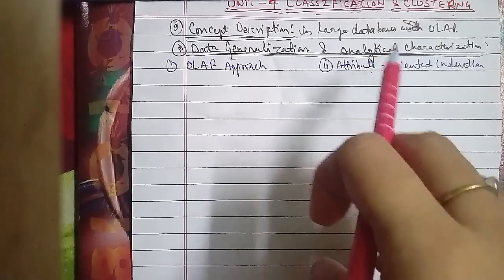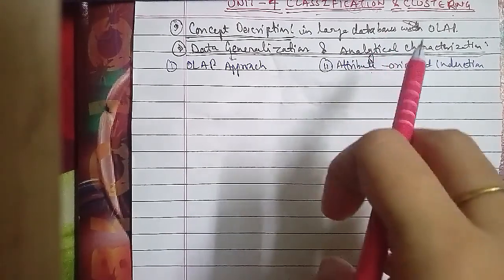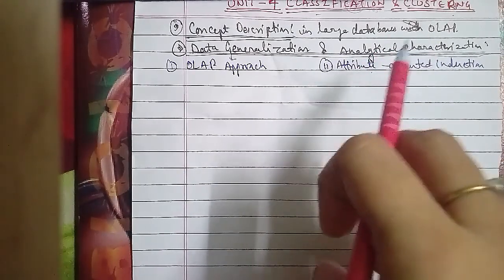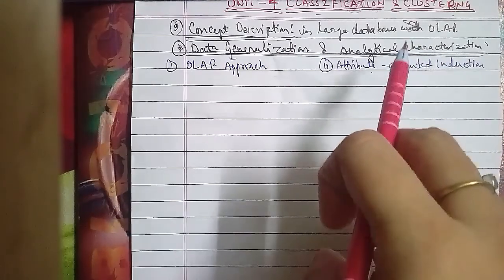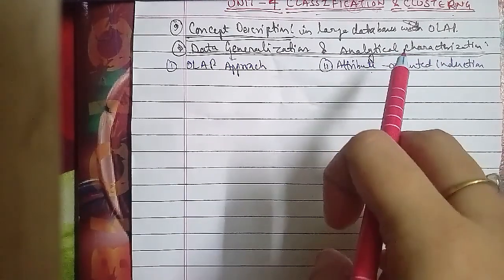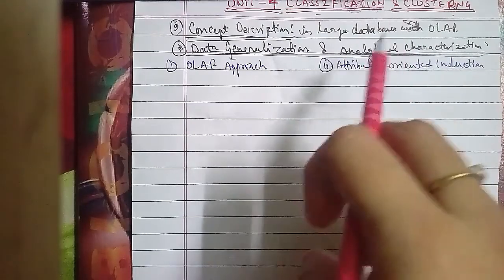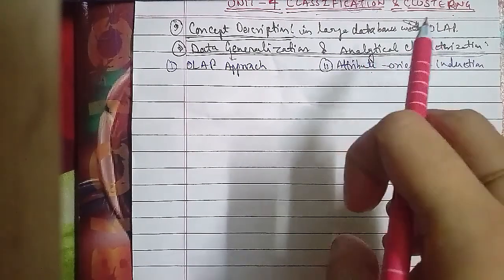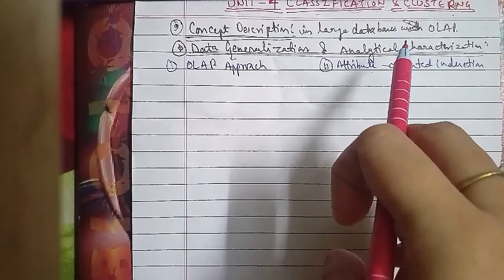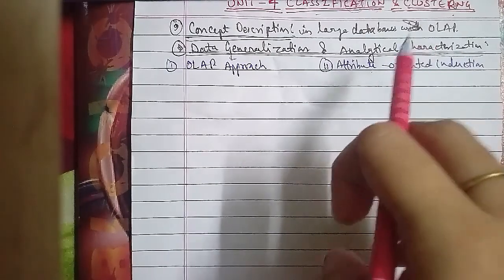The generalization is performed by attribute removal, by merging identical generalized tuples and accumulating their respective counts, performing aggregation, reducing the size of the generalized data set, and interactive presentation with the user as well.